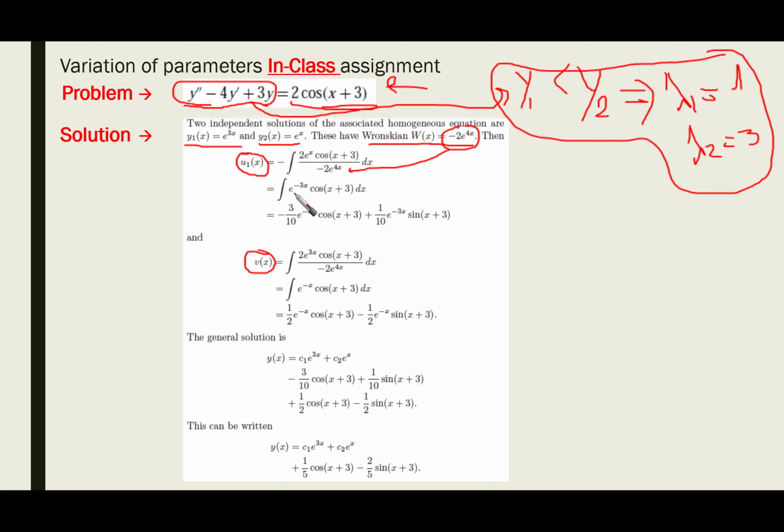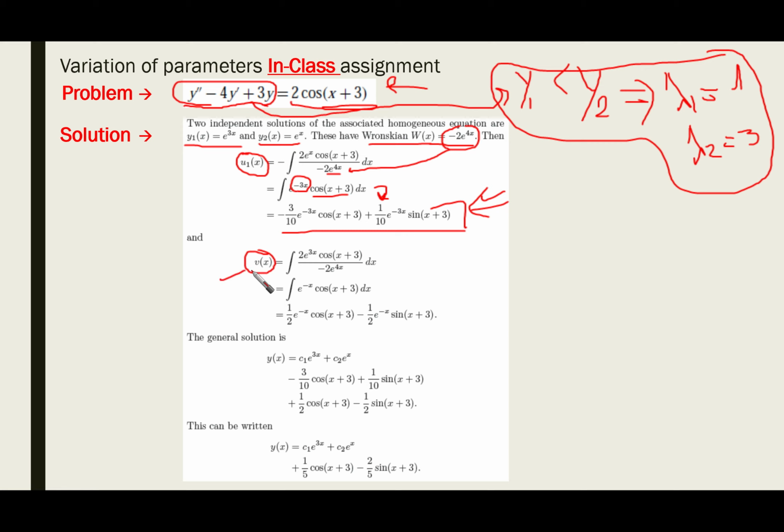The integration is going to be like this, e to minus 3x cosine x plus 3. This is e to 4x and this is e to x. Then we're going to end up with e to minus 3x times cosine x plus 3. Then you can make this integration. It is from first class calculus. You can obtain this integration and end up with this. I hope, as I said, you have done it well.